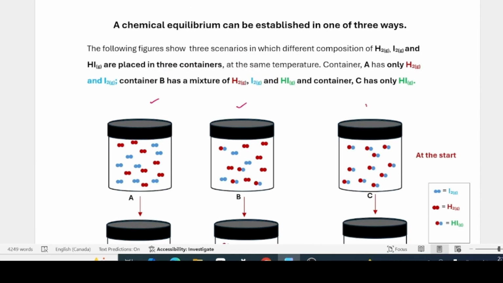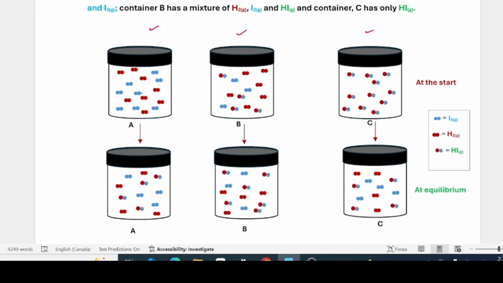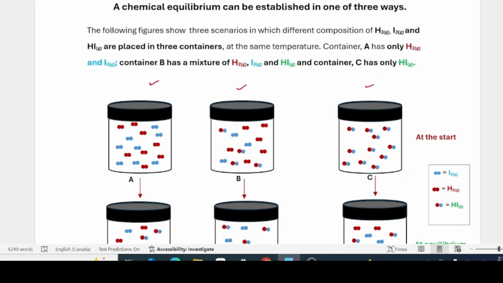In an effort to determine what would happen if only reactants are placed in a container, if only products are placed in a container, and if a mixture of reactants and products is placed in a container, we have these 3 scenarios. In this container here, we have only reactants, which are hydrogen and iodine.